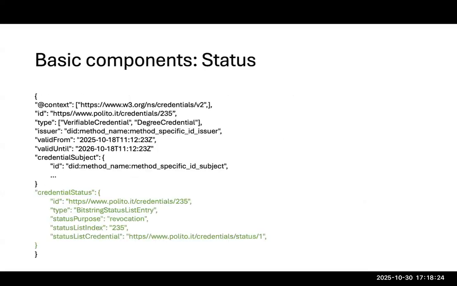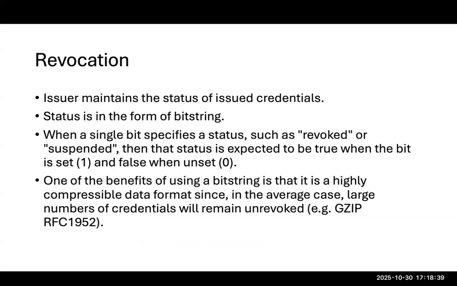This means that here the purpose is not revocation, but to deal with the suspended credential. The status is expected to be true when the bit is set to 1 and false when unset to 0, meaning revoked only if the bit is 1.